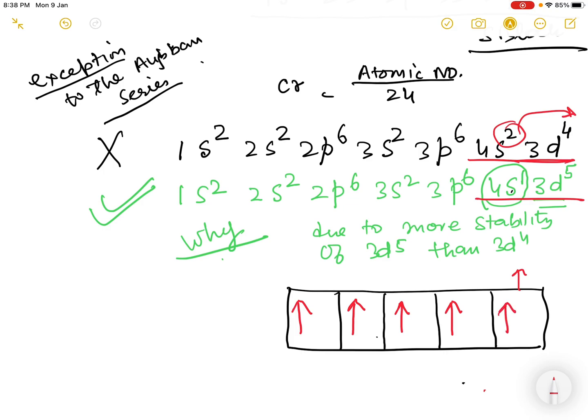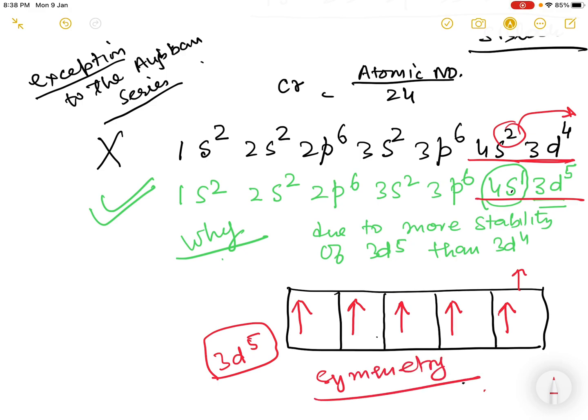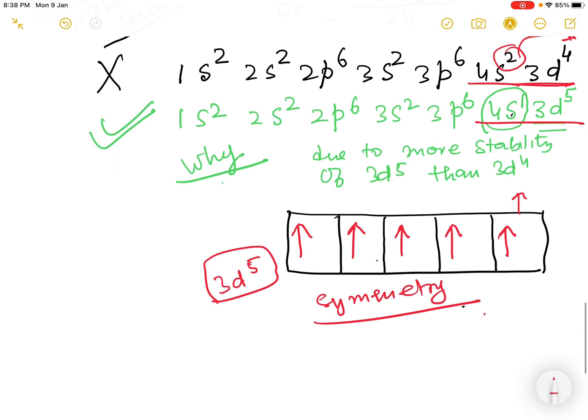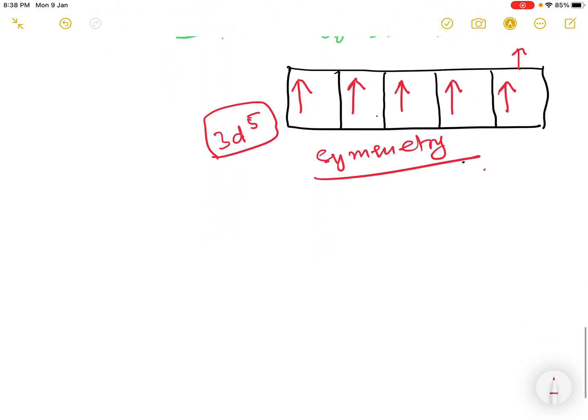It will then be 3d5, and this is due to more symmetry of distribution of electrons. This is more stable and lower energy, so this electronic configuration is preferred, and it is experimentally found that the electronic configuration of chromium is this.